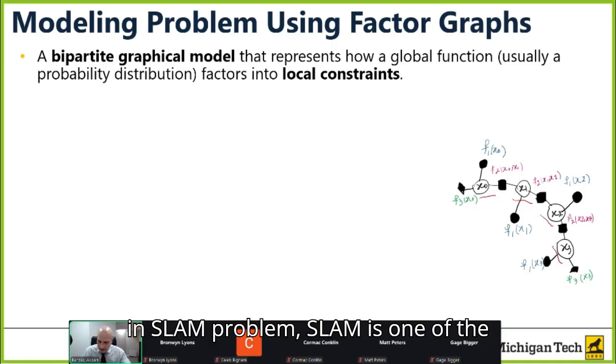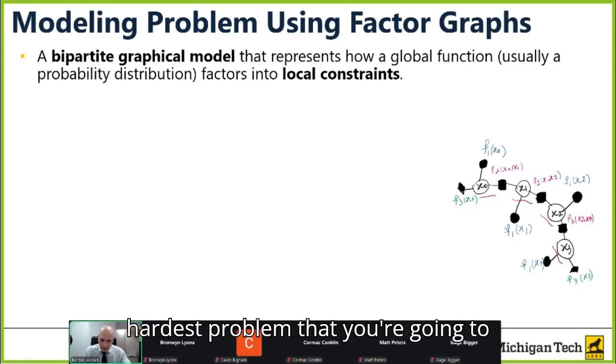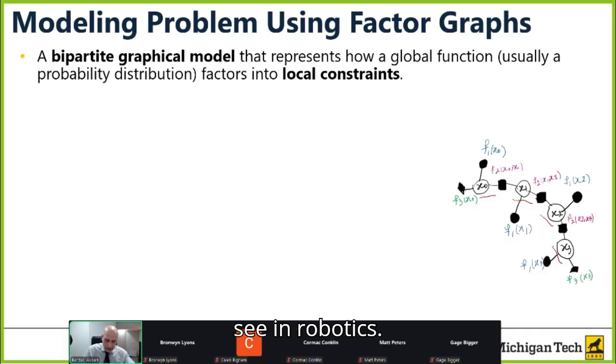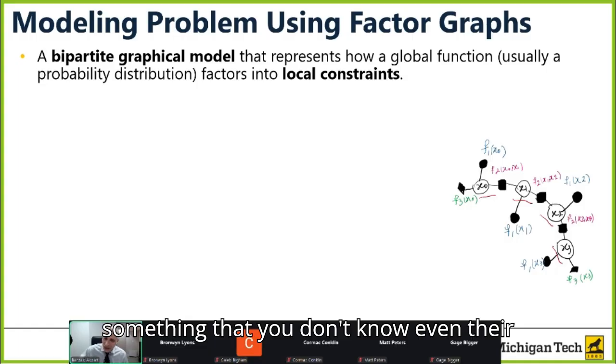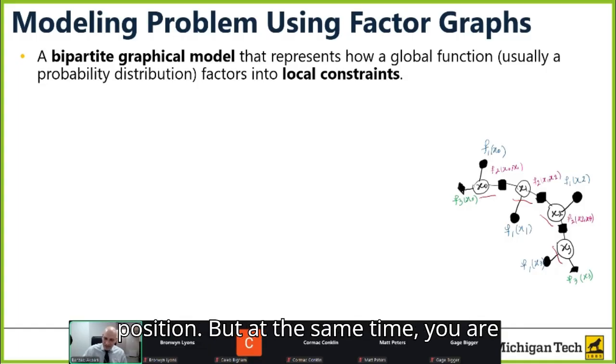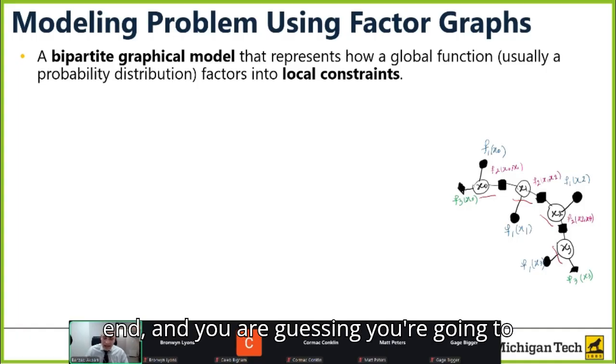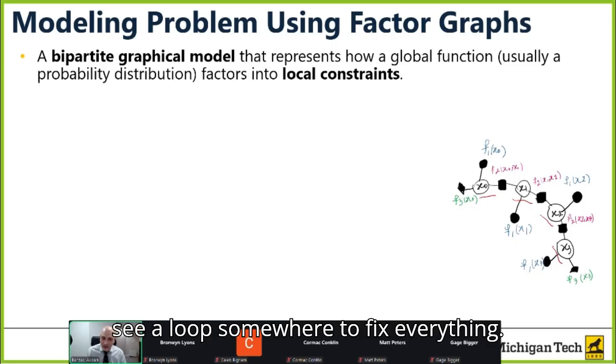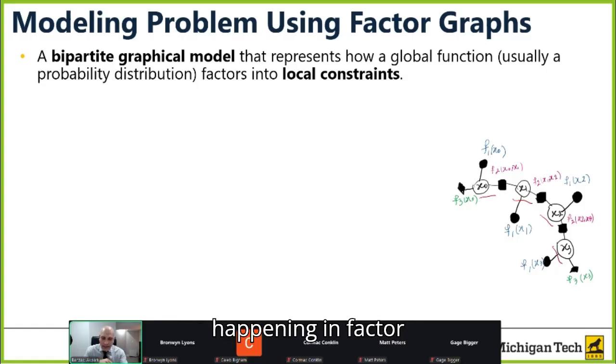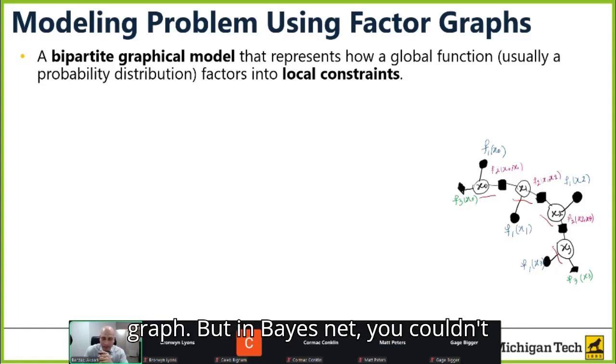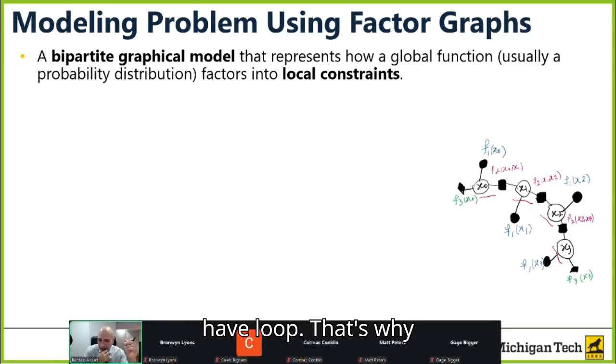But SLAM is one of the hardest problems you're going to see in robotics, because at the same time you don't know your position, and you want to find it based on things whose positions you don't know either. At the same time, you are fixing everything together, hoping to see a loop somewhere to fix everything, because loops always happen in factor graphs, but in a Bayes net you couldn't have a loop.